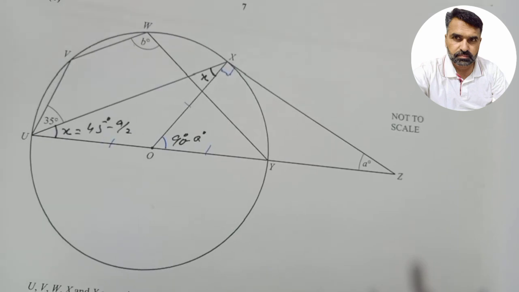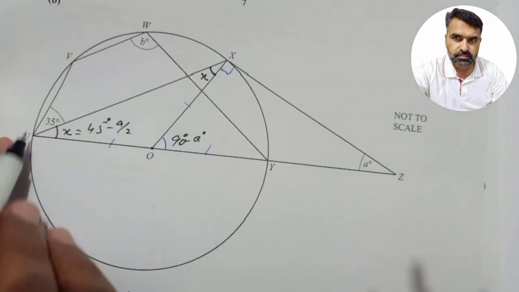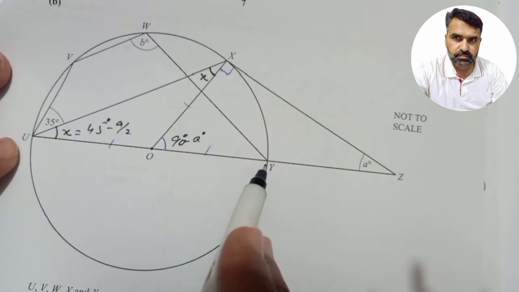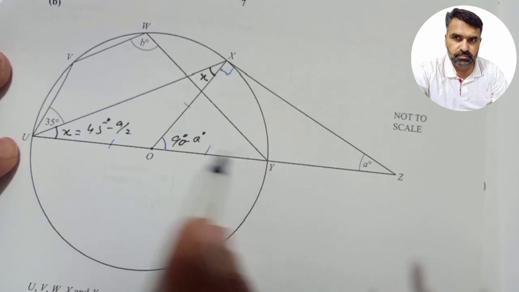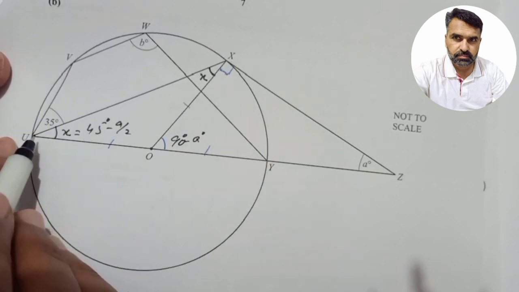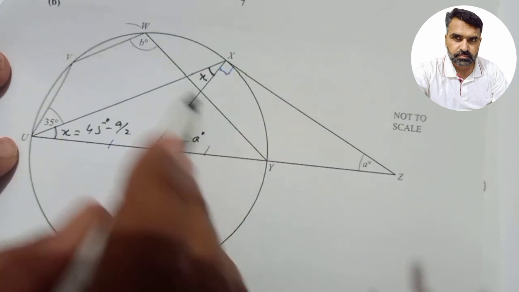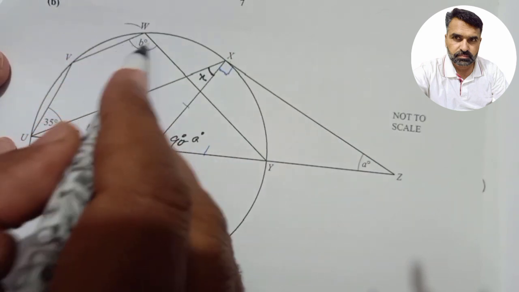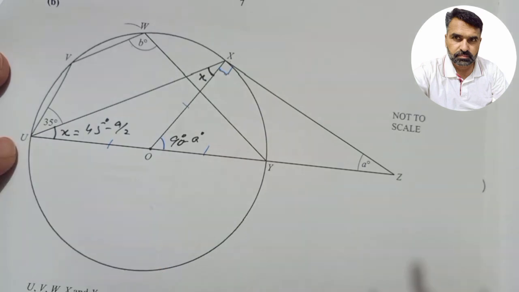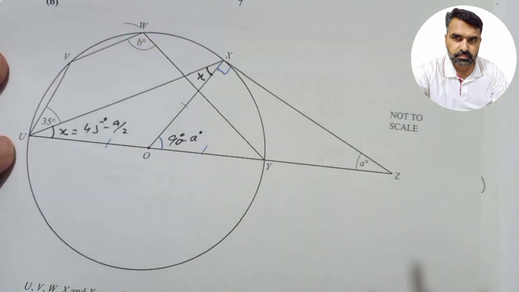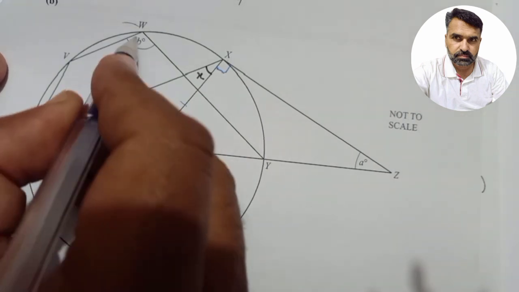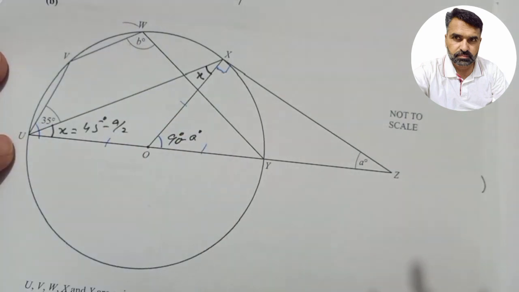Now look at the diagram. UVWX is a cyclic quadrilateral. Cyclic quadrilateral means if we take 4 points on the circumference and join them, that is a cyclic quadrilateral, and the opposite angles of a cyclic quadrilateral are supplementary angles. So the sum of U, this complete angle, and this angle is equal to 180 degrees.